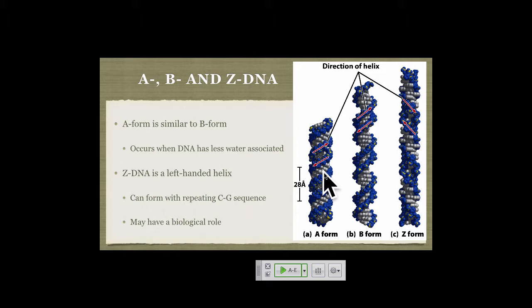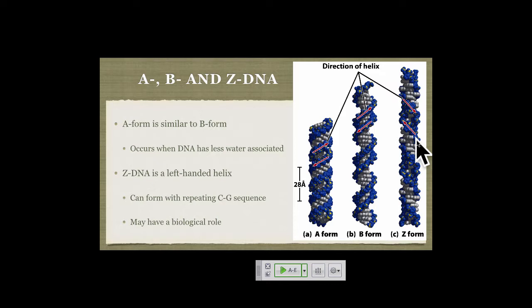The one that is interesting is Z-form DNA. So DNA, the B-form DNA that as we think it occurs in cells, is a right-handed helix. So if you want to envision that, if you take your right hand, you point your thumb down, the way your hand naturally curves is the direction of a right-handed helix.